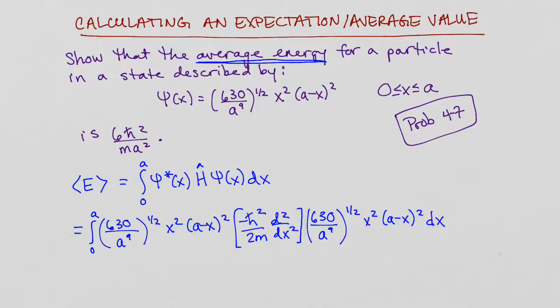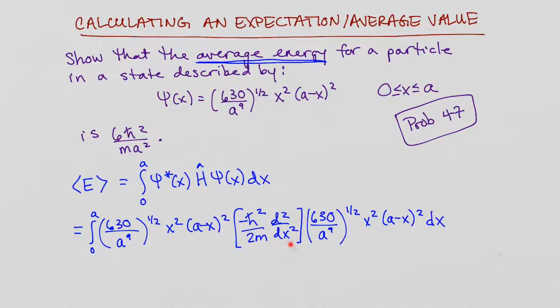You can take other approaches to this, so just do whatever works for you. There's no one way to do these problems. I'm just showing you one example. Okay, so once you simplify that a little bit, so again, pull out all your constants here, evaluate the derivative.